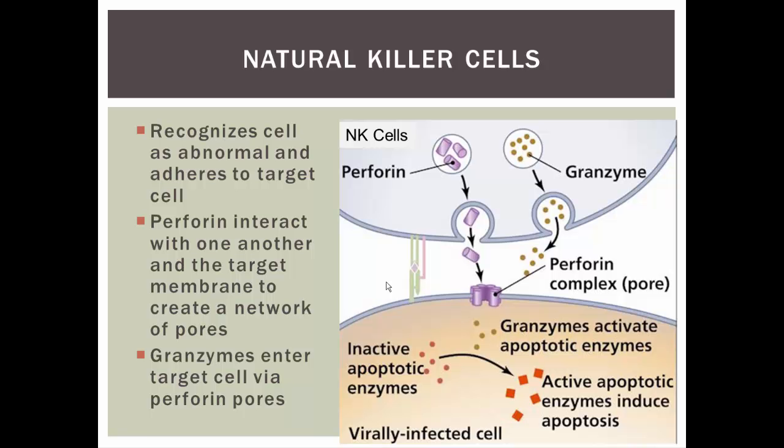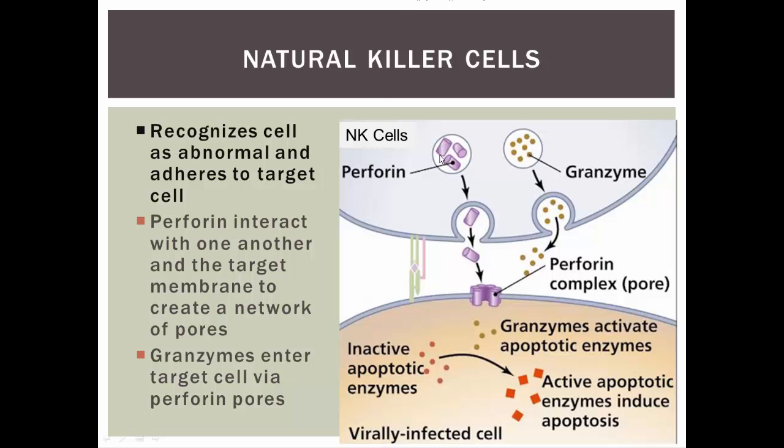Now, once the natural killer cell determines what's going on, and that he needs to kill him, well, let's look and see how he actually kills them. Well, he recognizes cells, of course, again, that are abnormal because they don't have that MHC Class 1 to inhibit him from releasing things.